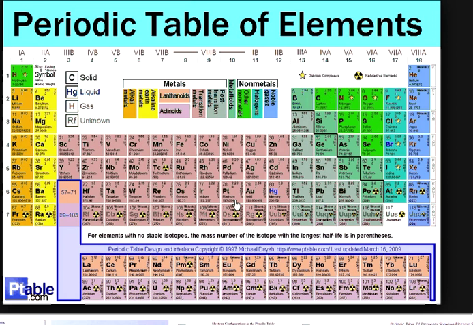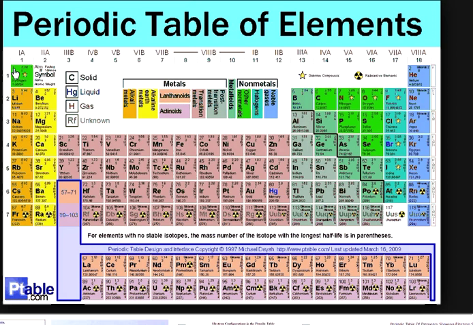Okay, and what the atomic number tells you is, remember, inside the nucleus of an element, there are protons and neutrons. And then around the outside of the nucleus, we have the electrons that are revolving around in different shells or rings around the nucleus.